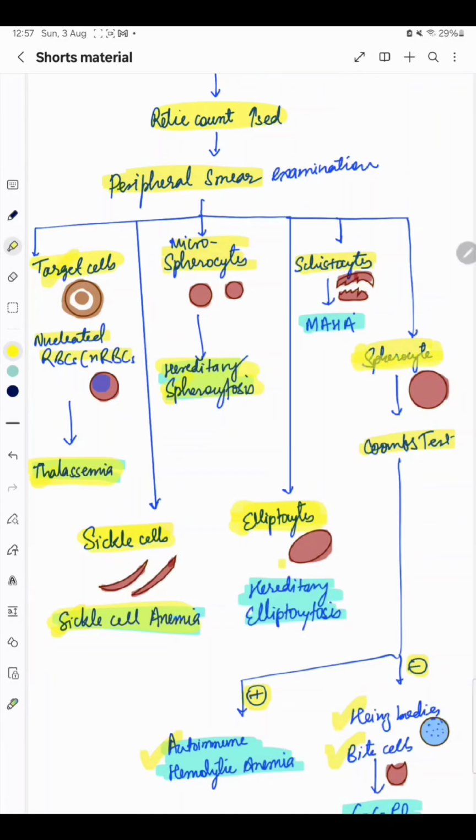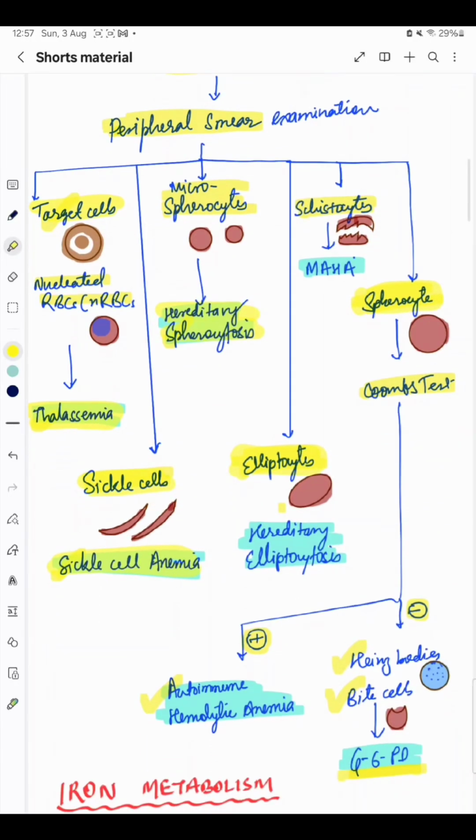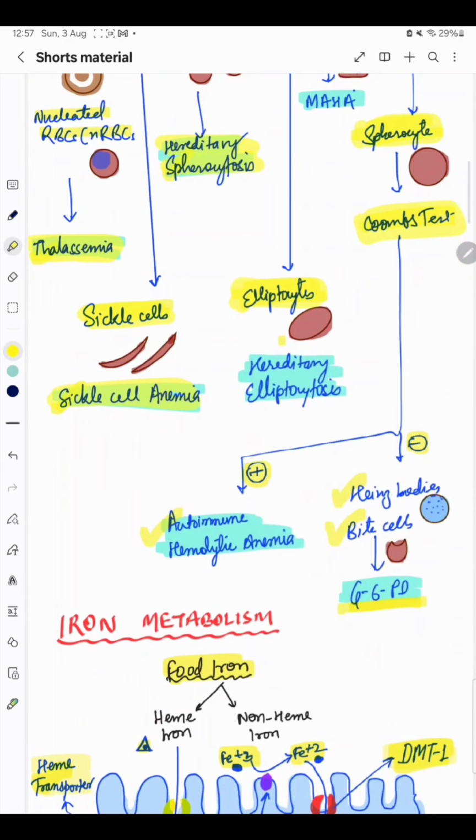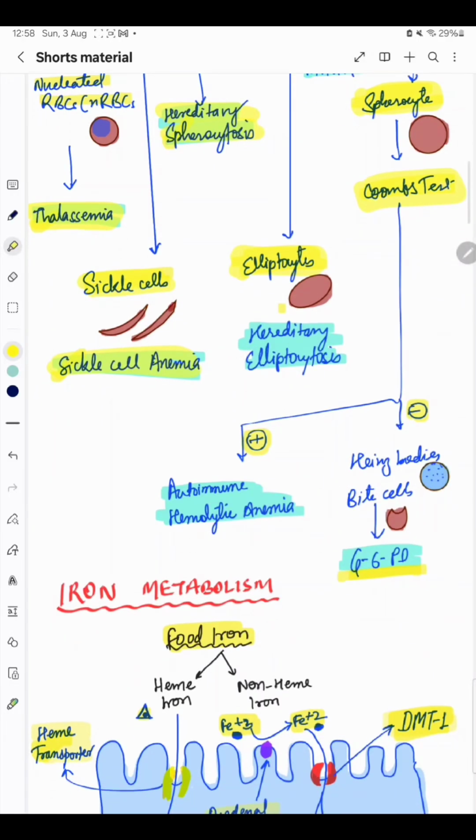If spherocytes, round RBCs without central pallor, are seen, then we ask for the Coombs test. If the Coombs test is positive, then this is because of autoimmune hemolytic anemia. If the Coombs test is negative, then we look for Heinz bodies and bite cells. If Heinz bodies and bite cells are present, then this is indicative of G6PD deficiency.